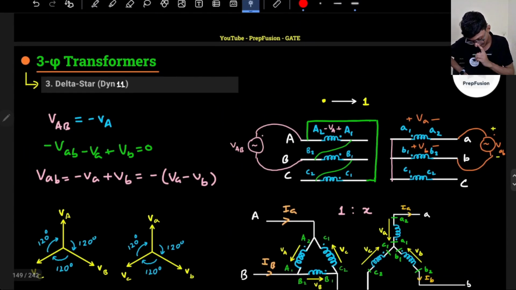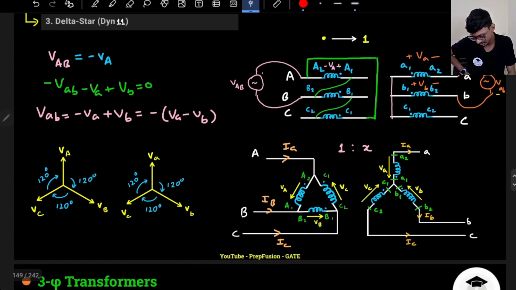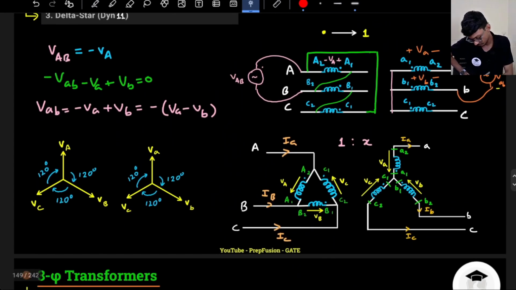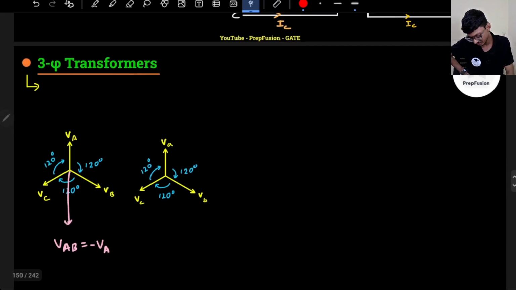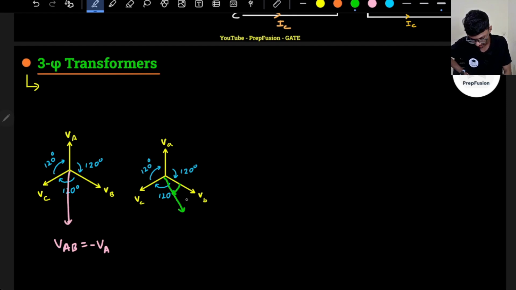It is minus of VA minus VB, so VA minus VB will be somewhere around here. So it is simply VB minus VA, it will be somewhere around here. Basically, it will lead the VB by 30 degrees. And capital VAB is what? This is small VAB.